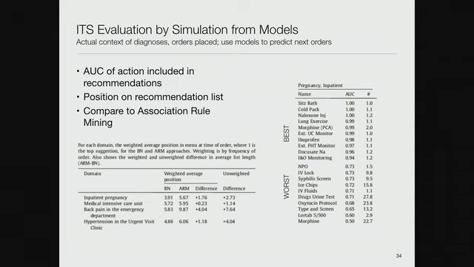And so what you see is that, for example, the next order that's done in an inpatient pregnancy using this Bayesian network formalism has a position of about 4th on the list.